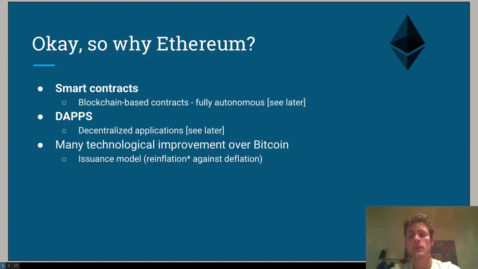Bitcoin has a fixed supply of Bitcoins, actually 21 million. As of today, there are a bit more than something like 4.8 million Bitcoin that have been mined on the network.